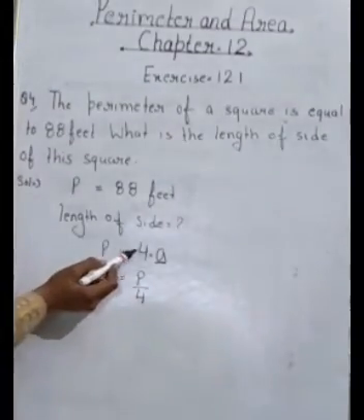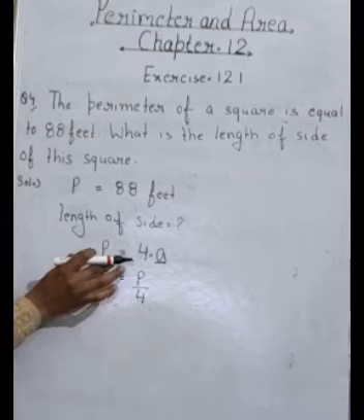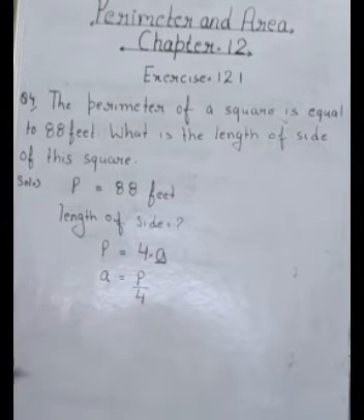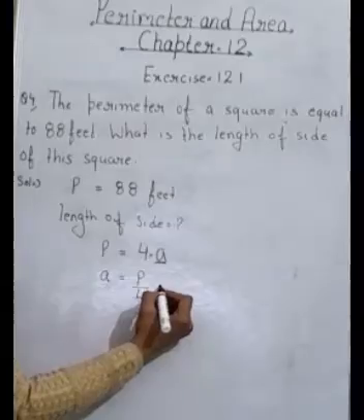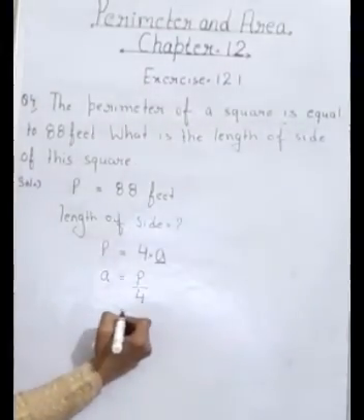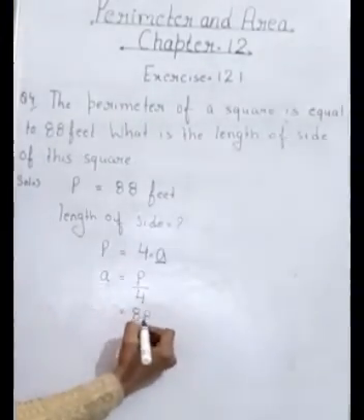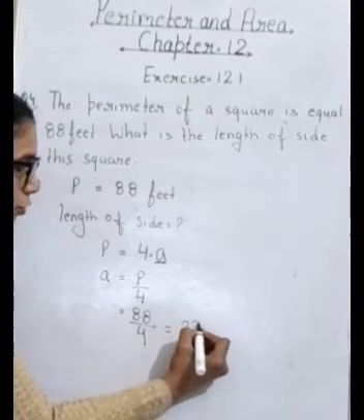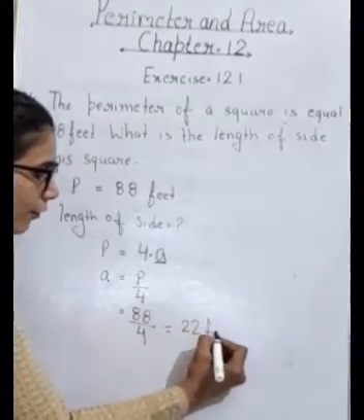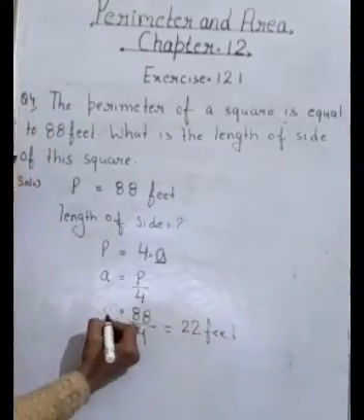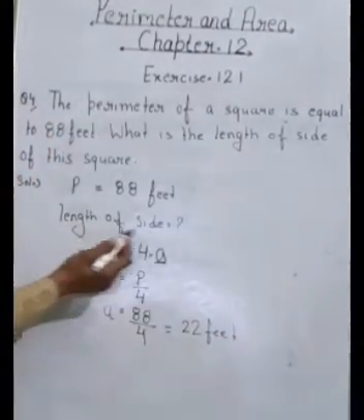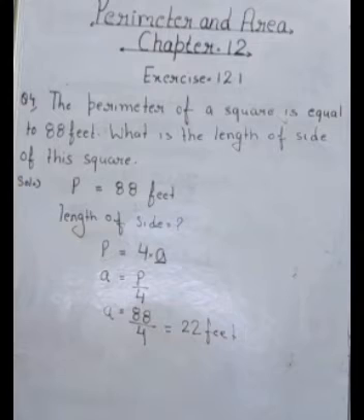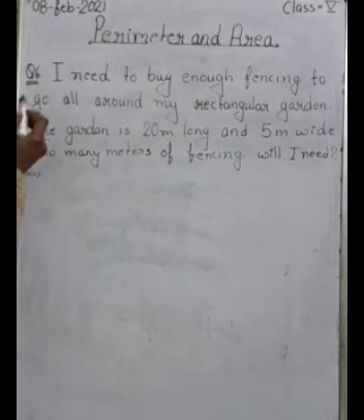I have taken this 4 to this side and it comes as upon, so A is equal to P upon 4. Clear? Now put the value of P. They have given you P as 88, so 88 upon 4, and this will be 22 feet. It means the length of your side is equal to 22 feet. Clear?